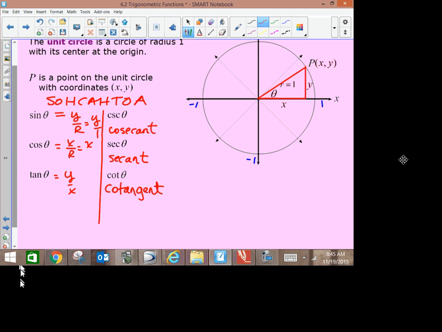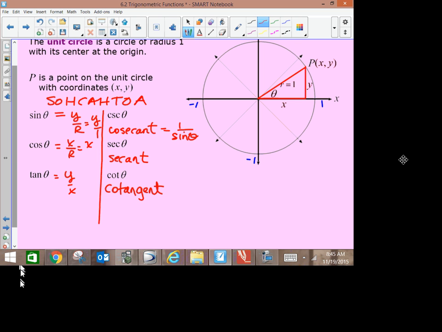Cosecant, secant, cotangent. They're in a particular order because they are reciprocals of the one they're beside. What is a reciprocal? It's not the opposite; flip it around. So cosecant is 1 over the sine.